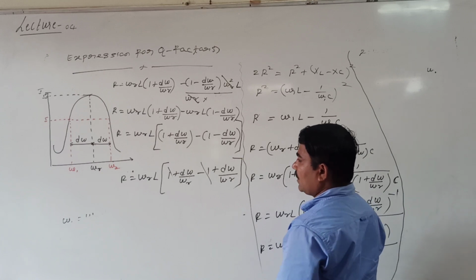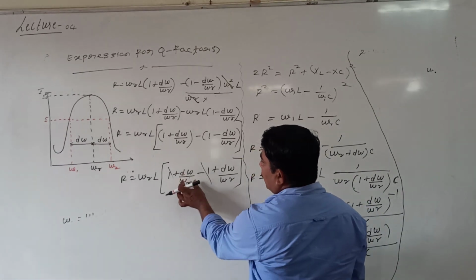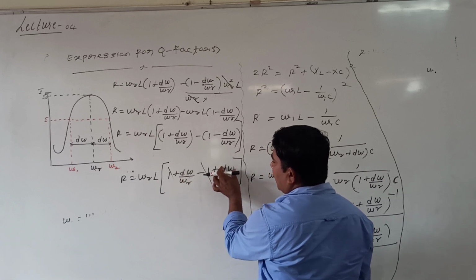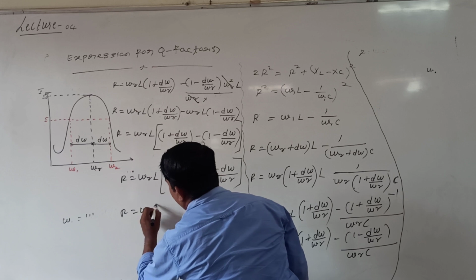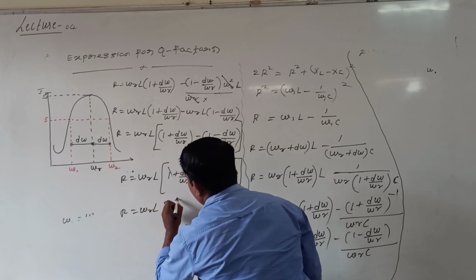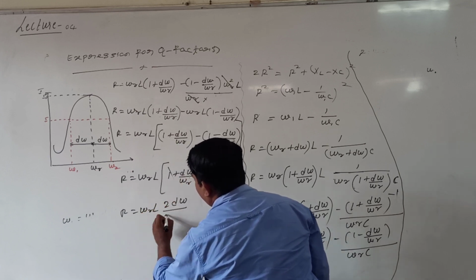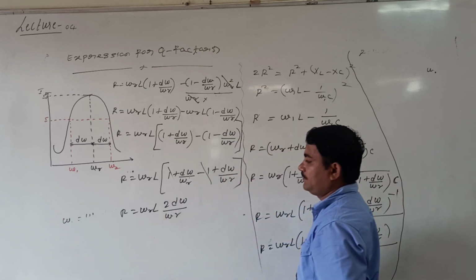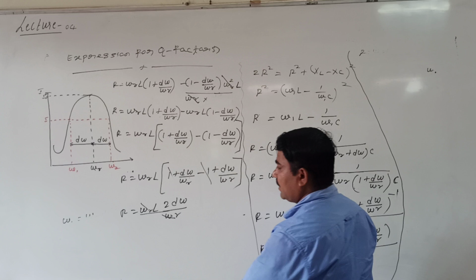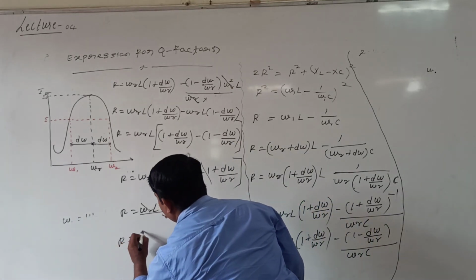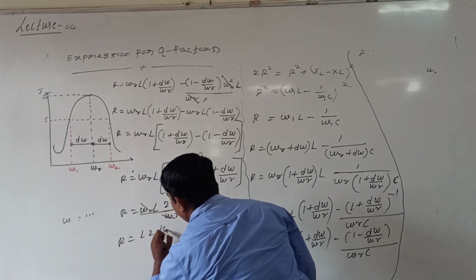Then d omega divided by omega r plus d omega divided by omega r. What it becomes? R is equal to omega r into L into 2d omega divided by omega r. Omega cancels. Then what is remaining? R is equal to L into 2d omega.